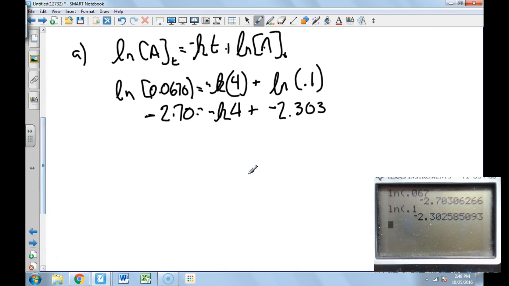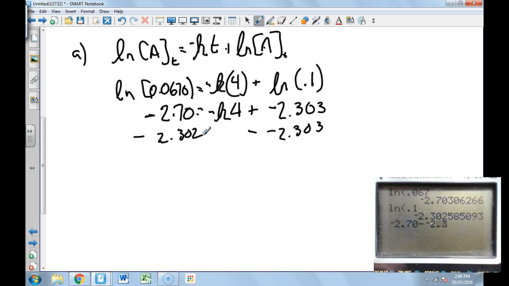Okay, so now we can add this. So negative 2.70 plus negative 2.3. Oh, sorry, we're going to subtract it, because we have to subtract a negative 2.303 from both sides.